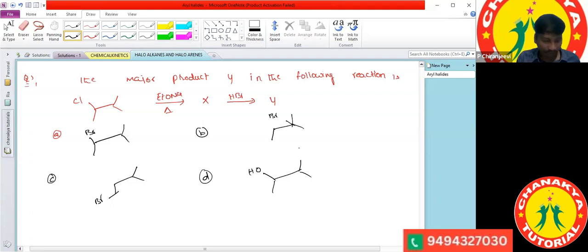What is the answer? Any one of you? Aditi, do you have any idea about this structure by seeing the reaction?